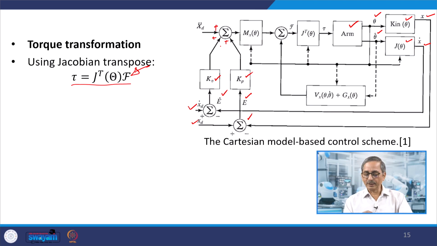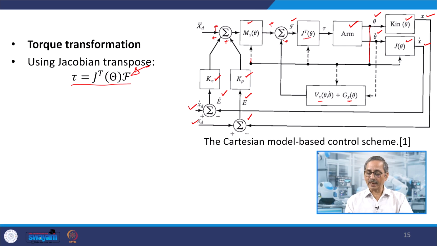Now, what we do, we have the Mx(θ) being evaluated. For that we get the θ value from here, and we also evaluate these V and G values, which are written in the Cartesian space. Now, these values are added up here, and after they are added up, what we get is the tip force and moment.